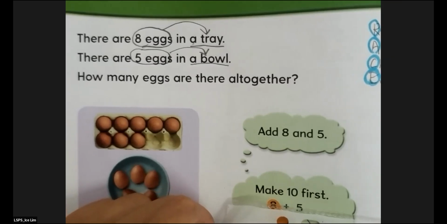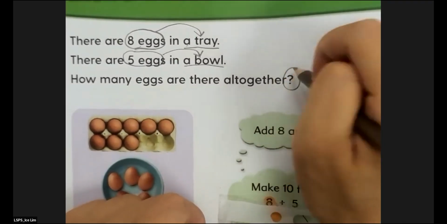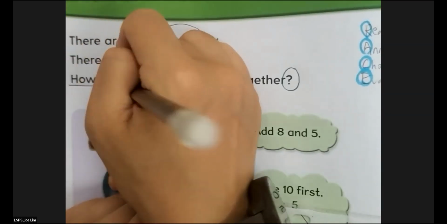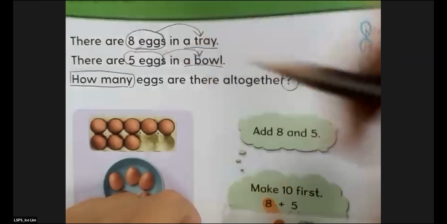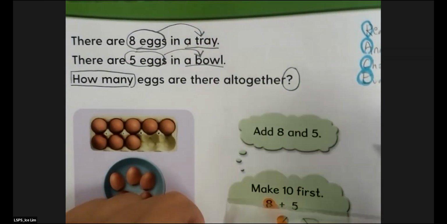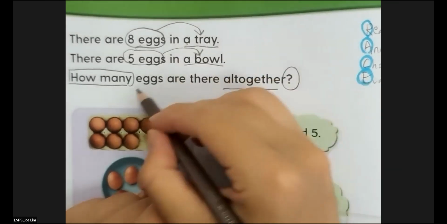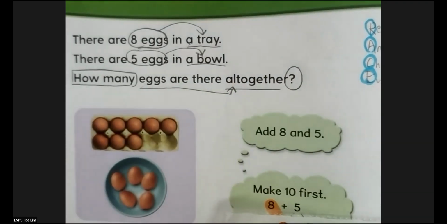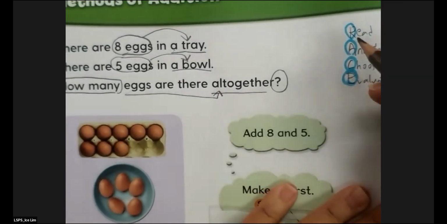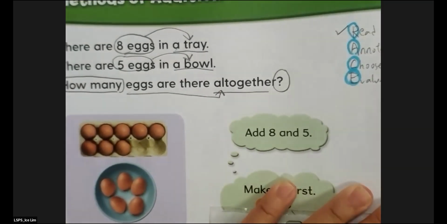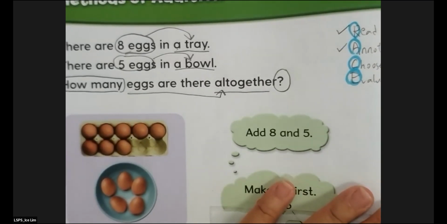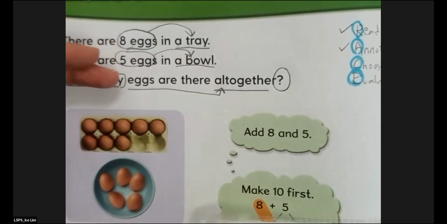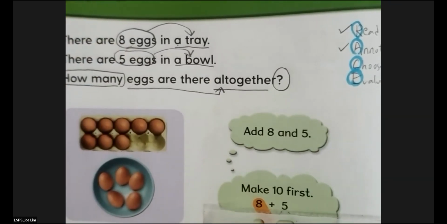And finally, there is a question mark and the how many question. We are looking at all together, how many all together? That's where the question mark is. I read it once, I read it twice, and I circle and underline in the story. So these are the 2 steps we're talking about.